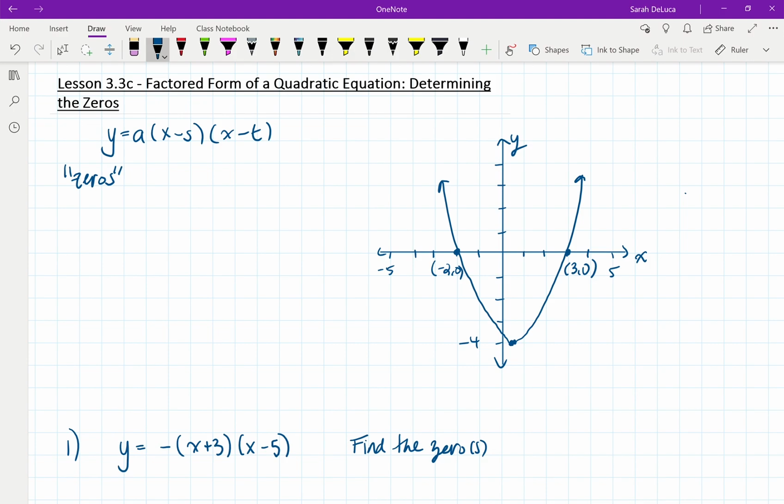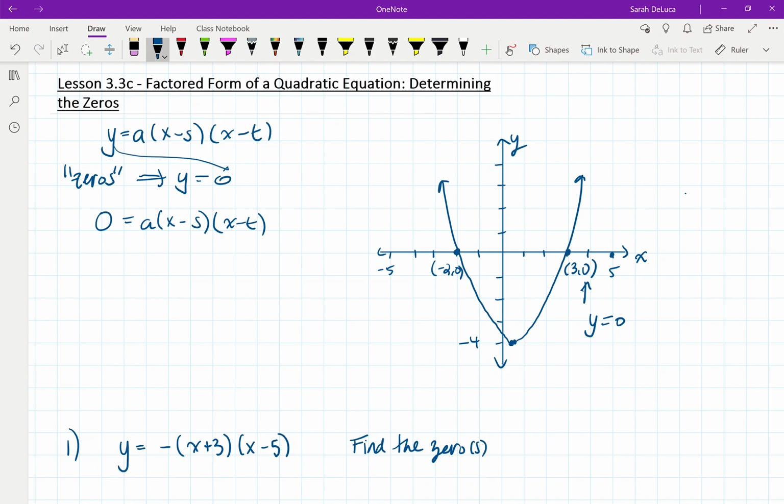And when I think about it, what is in common to both of these points, and what's in common with any points on the x-axis? Well, the y value is equal to 0. So they're called zeros because the y value is equal to 0. So when I say zeros, that's a keyword for you to set the y value equal to 0. So that's the first thing we're going to do, is set the equation equal to 0.